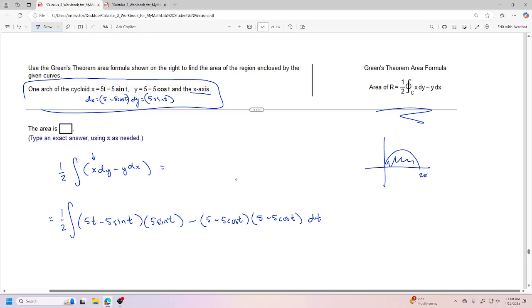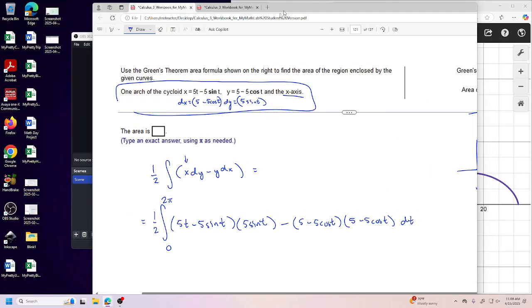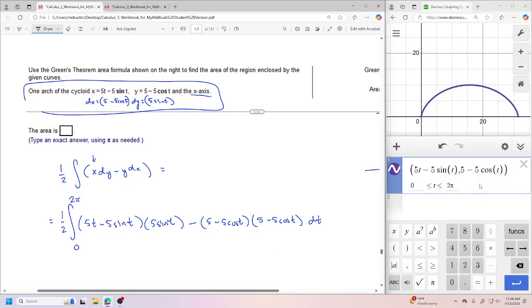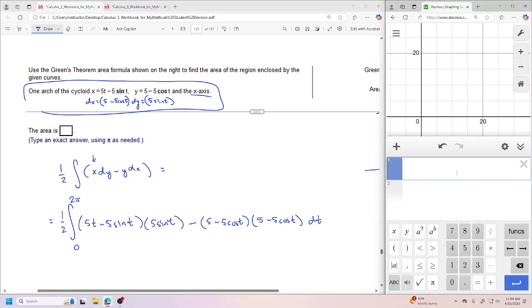And we discovered from Desmos, we need to go from 0 to 2 pi. Pop it all in and hope for the best. Here we go. I'm going to expand it, sorry. There we go. All right. And the 1/2 in the front is important.